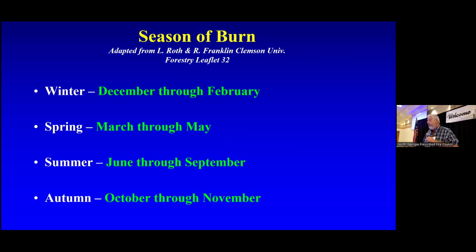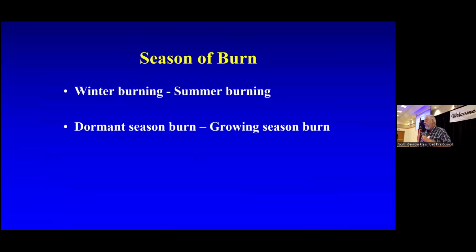And this slide right here, just normal dormant season or winter burns, December through February. Summer burns, June through September. If you're farther south, that summer comes earlier for the plants and animals in those areas. So again, you're looking at your local knowledge for those types of things.